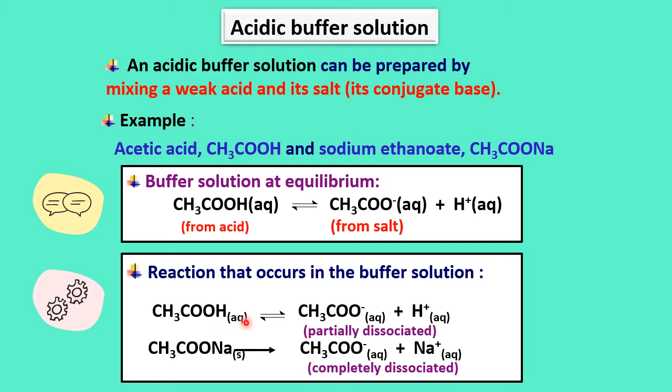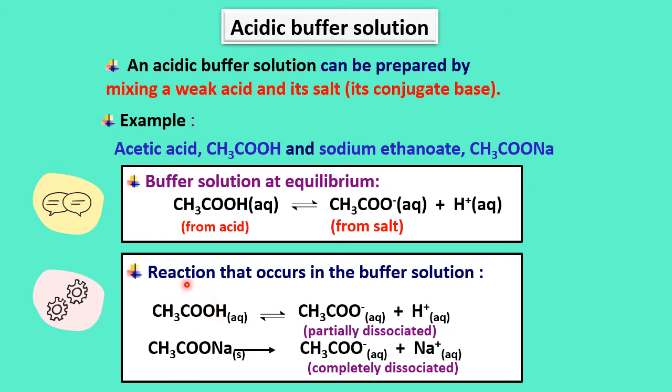First, ethanoic acid undergoes partial dissociation and forms the ethanoate ion, while sodium ethanoate undergoes complete dissociation to form the ethanoate ion. There is a high concentration of ethanoic acid over here because it only partially dissociates. For example, if there are 100 moles of ethanoic acid, maybe only 1 mole dissociates to become the ethanoate ion, leaving 99 moles of ethanoic acid.